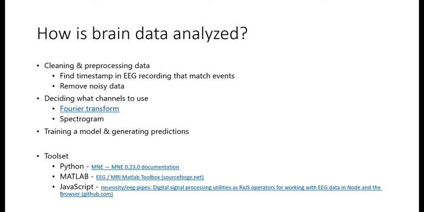And then the next part is trying to decide what channels to use. The Fourier transform is one thing that comes in really handy here. What the Fourier transform is doing is taking that time series data and getting more or less a raw representation, or encoding, of a bunch of data.